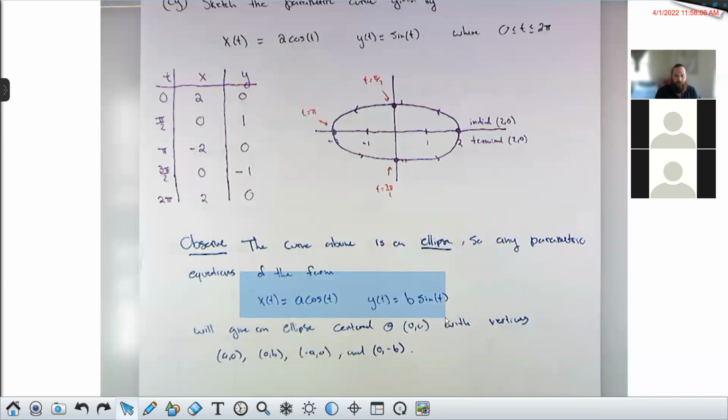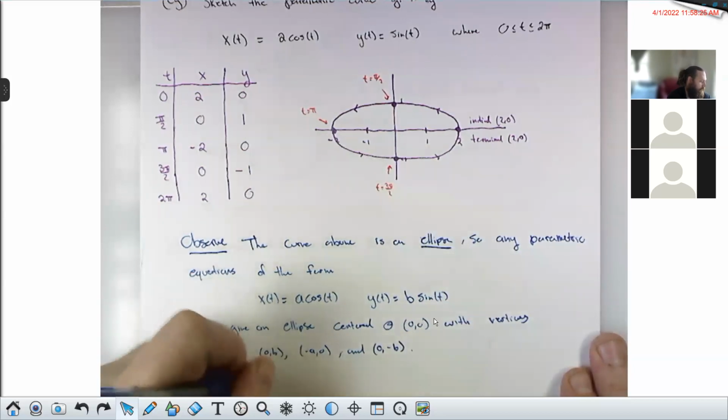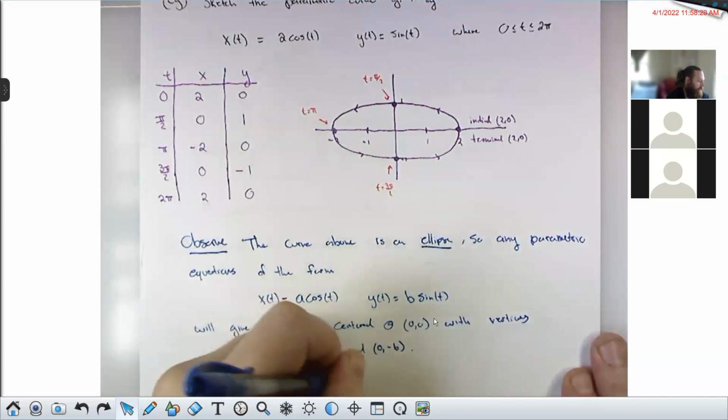So this gives us a much nicer way of writing ellipses. And since a circle is just an ellipse where the semi-major and semi-minor axes are of equal length, another little note here: if a and b are equal, we get a circle.